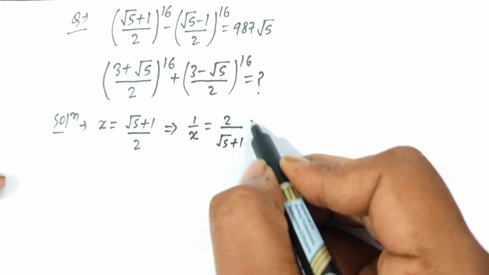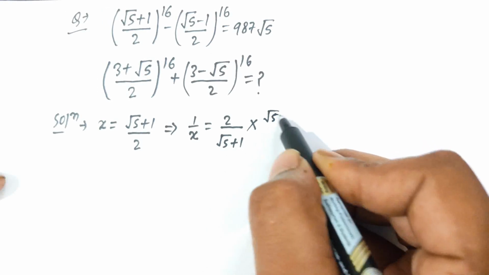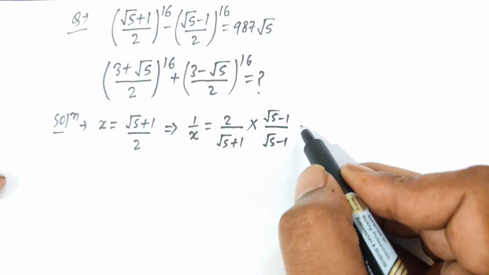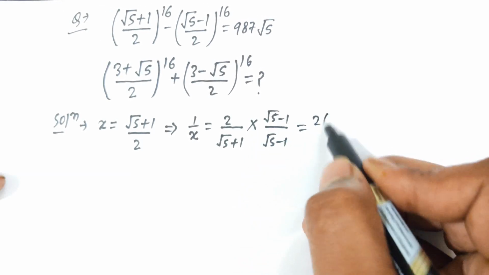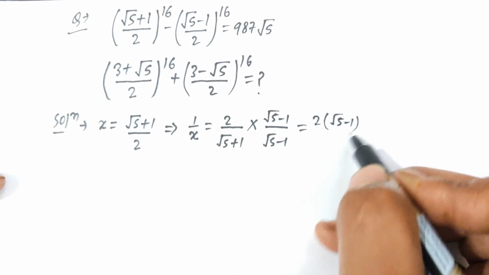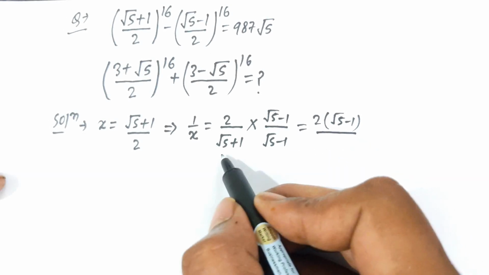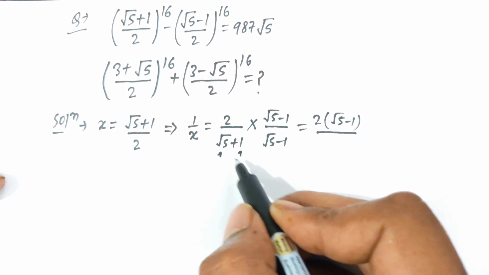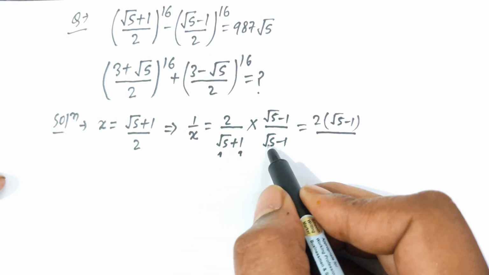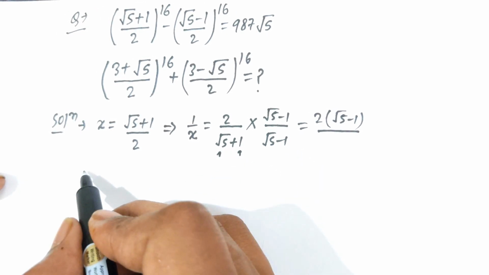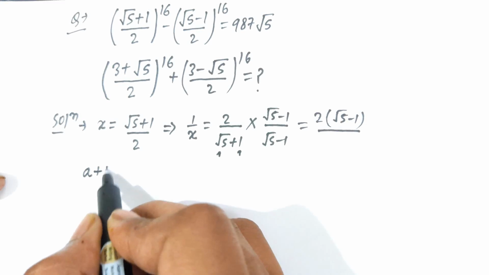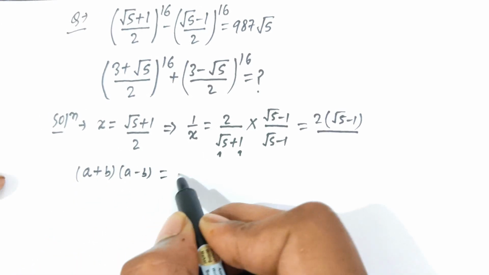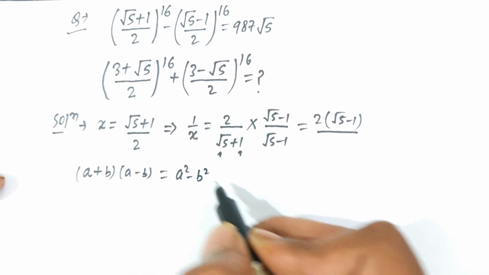Now if you will multiply it by (√5 − 1) and divide by (√5 − 1), then this is equals to 2 times (√5 − 1), and here if this √5 is a and this one is b, then (a + b)(a − b) is equals to a² − b².